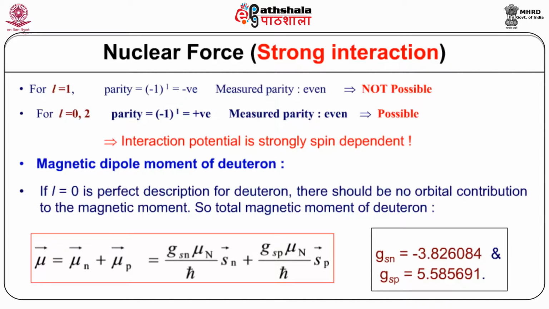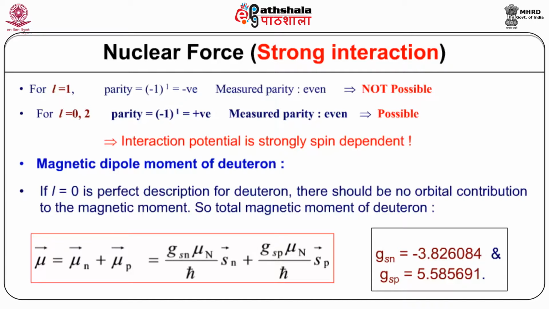What does this mean? If we consider that the deuteron ground state has L is equal to 0, then mu L, the magnetic dipole moment due to the orbital motion, has to be 0.